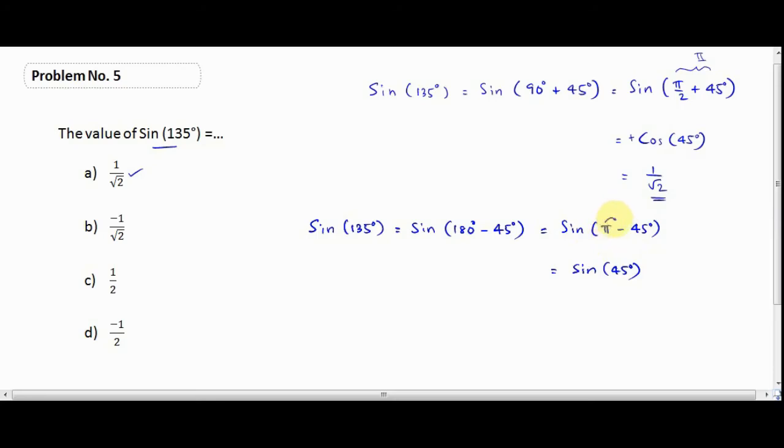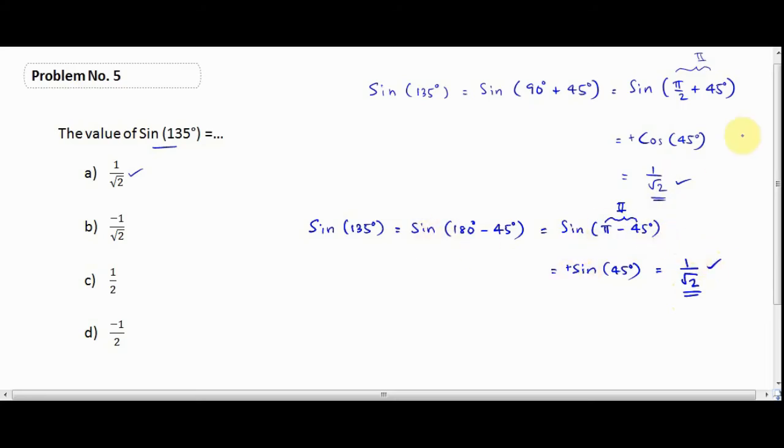This angle pi minus 45 degree belongs to the second quadrant, and in the second quadrant sine is positive, so we assign a plus sign here. So sine 135 degree is also equal to plus sine 45 degree, and we know sine 45 degree is 1 by root 2. So we are getting the answer as 1 by root 2 once again, the same answer. So this way also we can solve this.